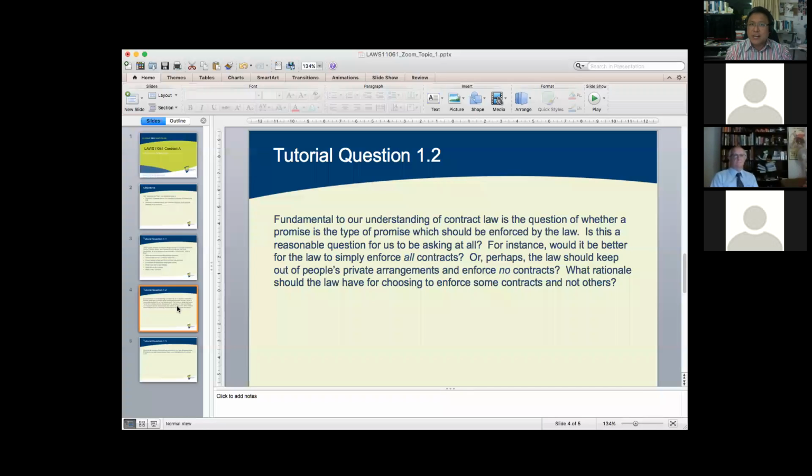If every single time there's a disagreement between parties in relation to a contract, as Peter pointed out, the courts will be inundated, because the sheer amount of contracts everywhere is just too much.